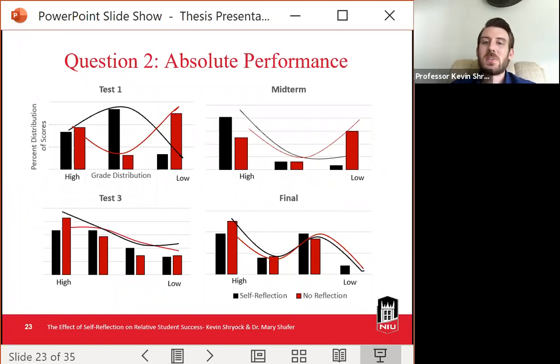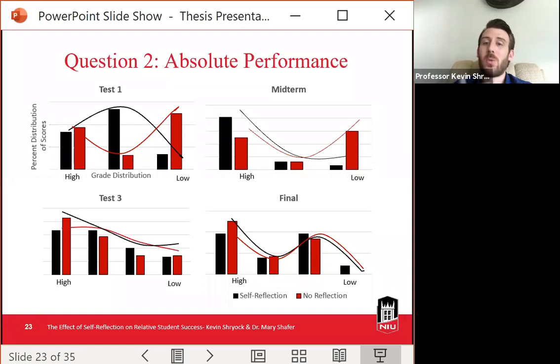Turns out that this is because students who performed low in the no reflection group end up dropping the course right after the midterm. So essentially this group right here. It seems that the students who opt out of the reflection group chose not to participate in the self-reflection for 2 reasons.